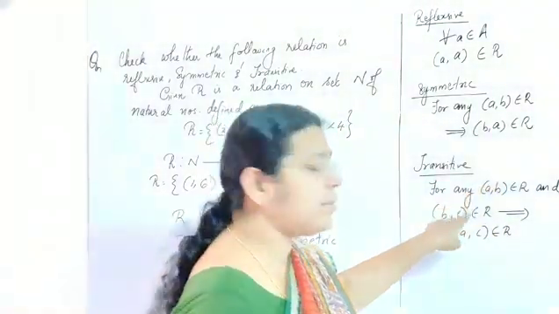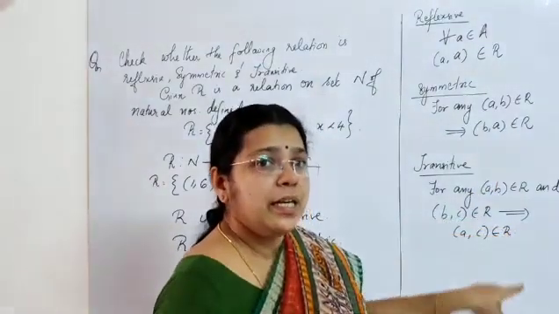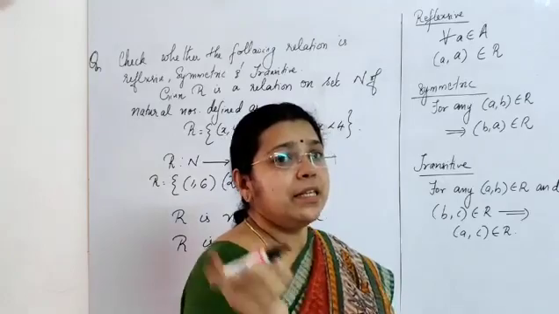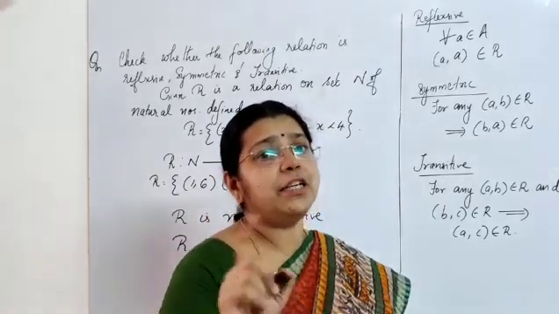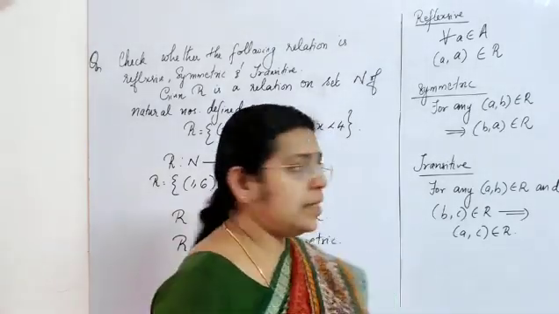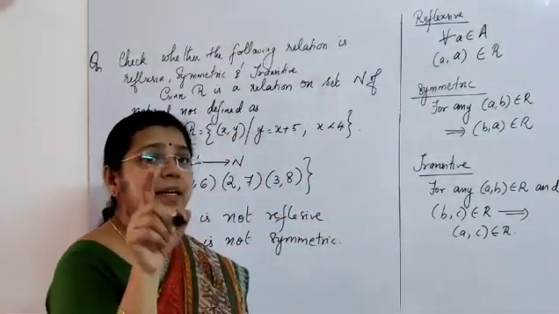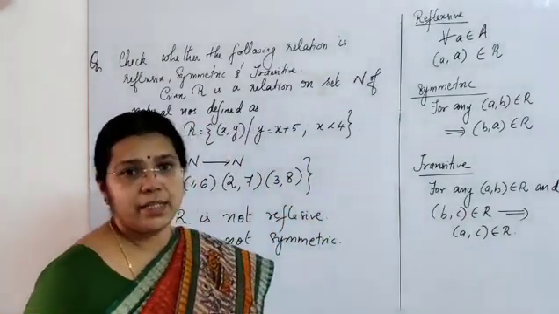Since you don't have this (b, c) belonging to the relation, is the condition satisfied? No. That means this relation is not contradicting the conditions for transitivity.